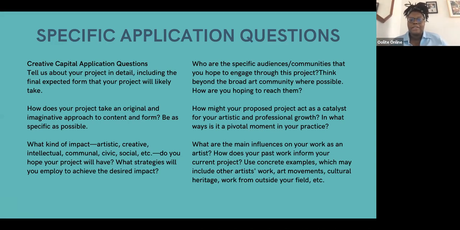and how it's pivotal to your practice. And then, what are the main influences on your work as an artist? How does your past work inform your current work? Use concrete examples. So these can be jumbled into one nice sentence or a couple of very nice sentences, but knowing where your influences come from can always be helpful for the reader.